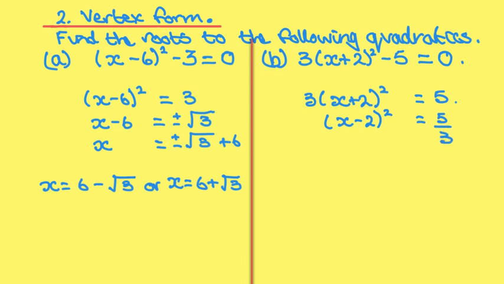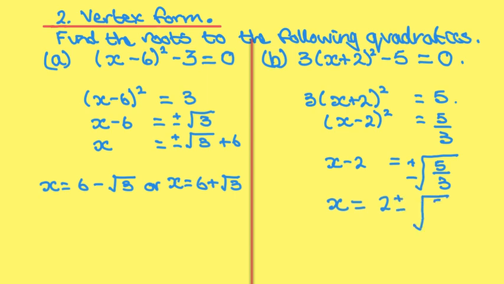Square root both sides. So you get x plus 2 is equal to plus or minus the square root of 5 over 3. Add 2 to both sides. So you get x equals 2 plus or minus the square root of 5 over 3.